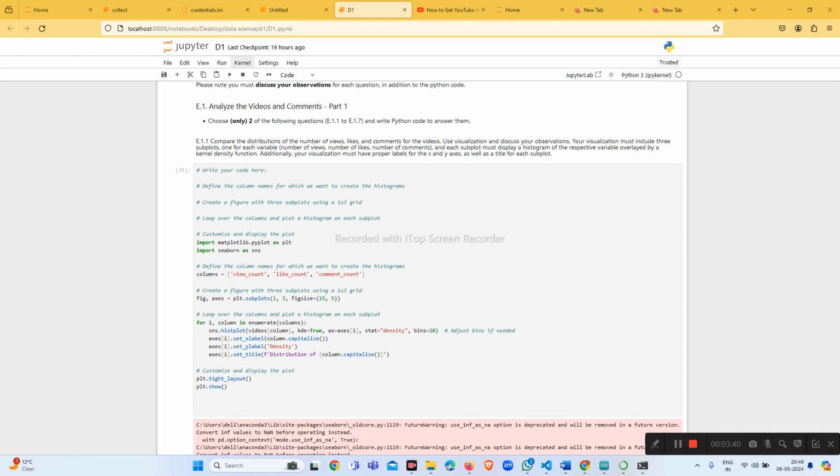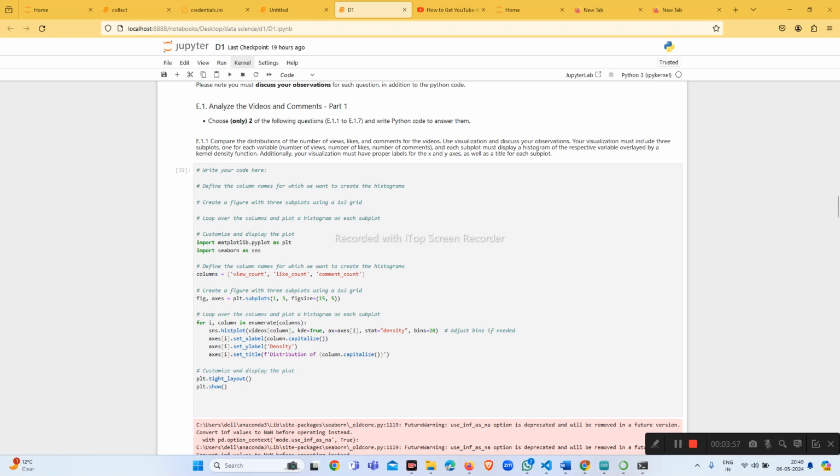The histograms show the bars that represent how many videos fall into the different ranges of views, likes, or comments. The code uses the seaborn function to draw the histogram and adds a line to show how the data is spread out.